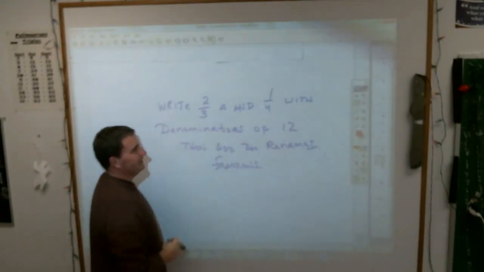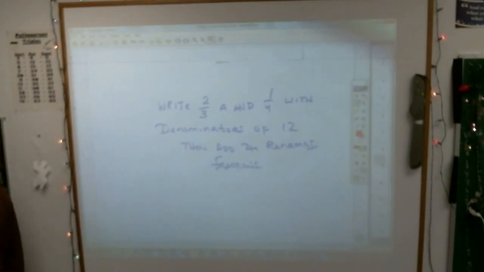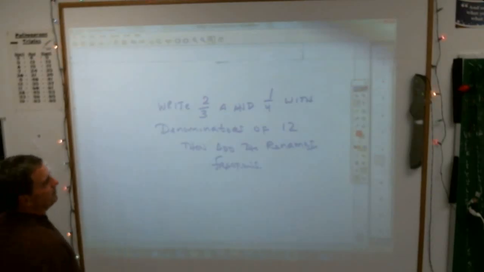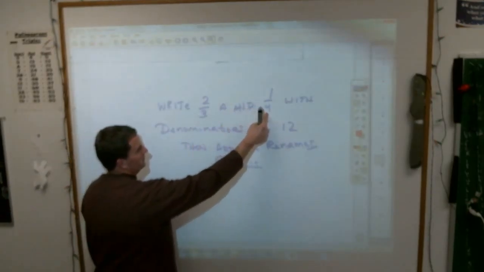Now, looking at that at first glance, everybody gets confused because there are like 15 things to do. Well, it's not that hard if you take it apart one by one. What are you supposed to do with these two fractions?